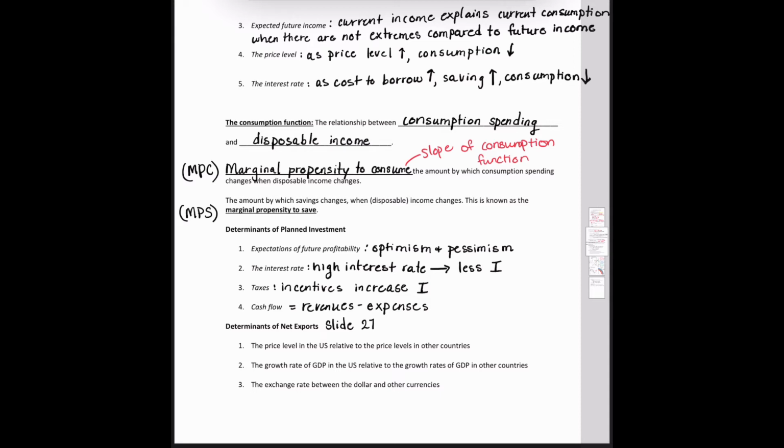So we can estimate MPC by estimating the slope, which is the change in consumption over the change in disposable income. And we will use YD as the change in disposable income.